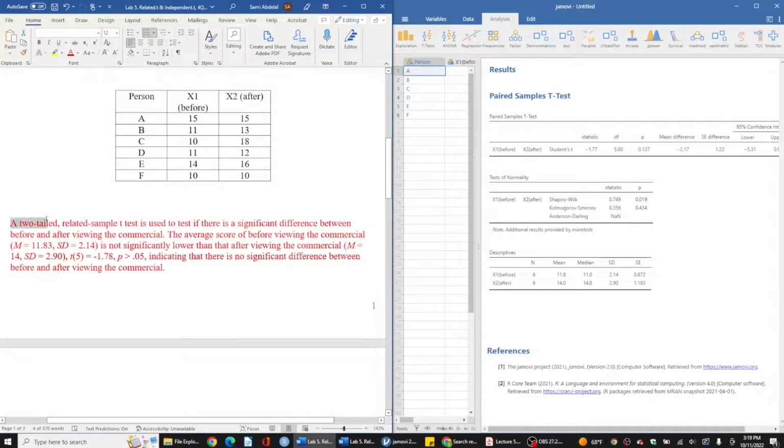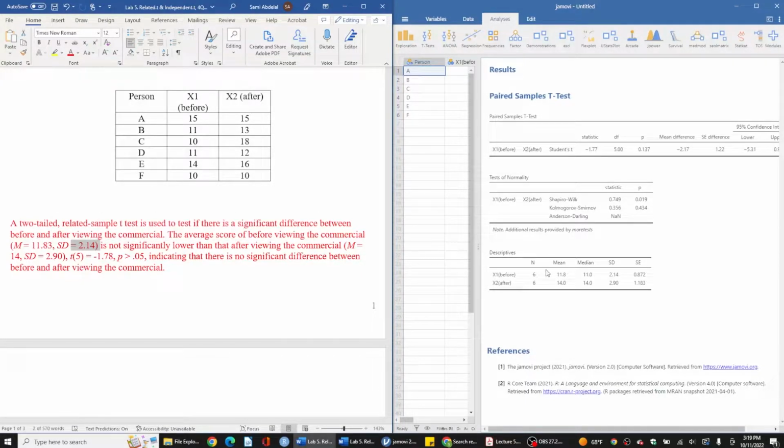So we did a two-tailed test, right? There was no hypothesized direction. We ran a related sample t-test, and we tested if there was a significant difference between before and after viewing the commercial, right? And then the average score before viewing the commercial, the mean was 11.83, and the standard deviation was 2.14.